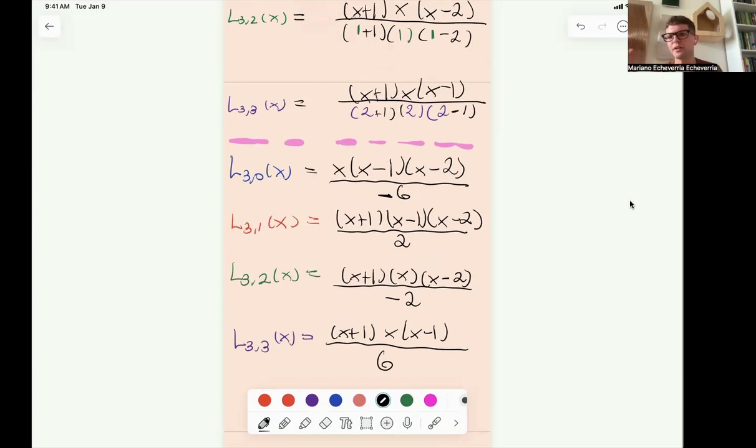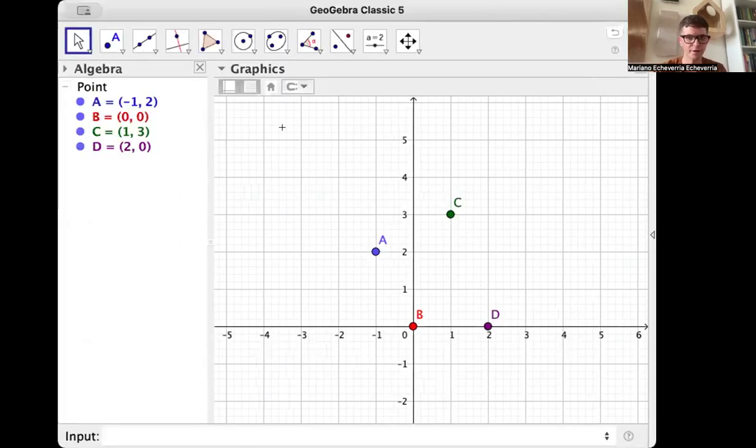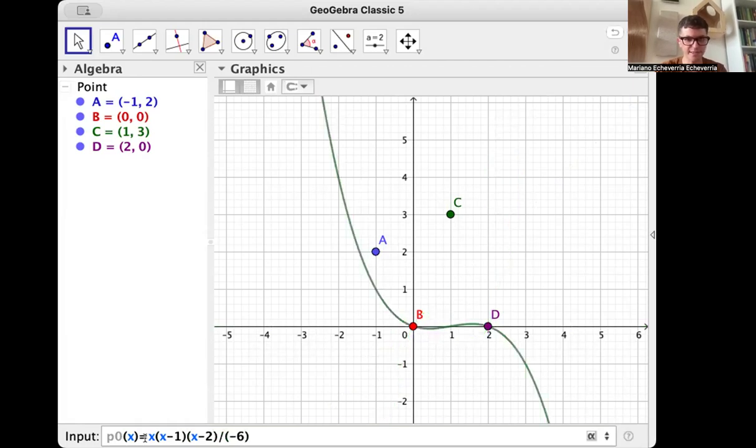Before continuing, let me show you how they look on GeoGebra. That's kind of convenient. Let me write down the first one. I'll call it P0, I think GeoGebra would let me call it that. So it would be x times x minus 1 times x minus 2 divided by -6.